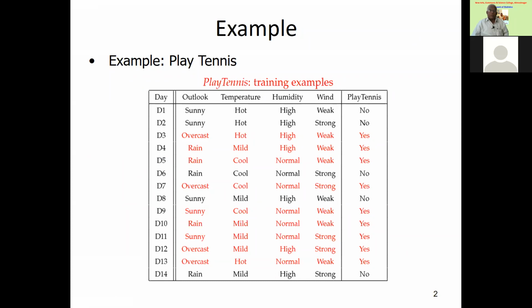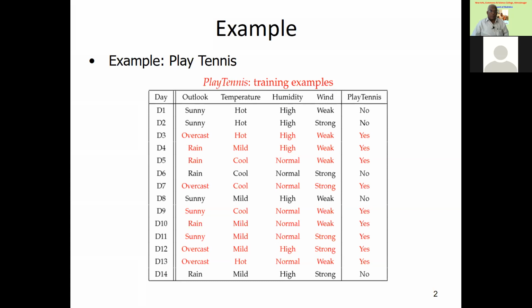It is an example about tennis playing. This is a training data set. Now, when you say training data set, it means it is some kind of historical data you have. Now here there are two important concepts you must understand. One is feature, another one is instance.